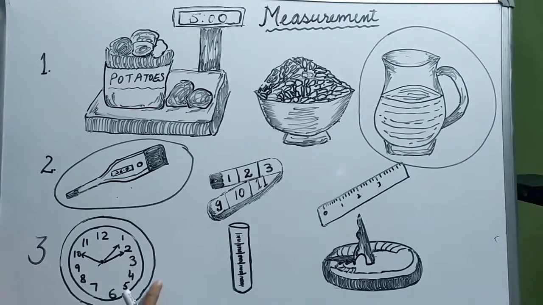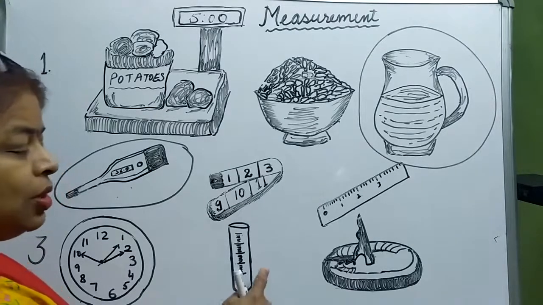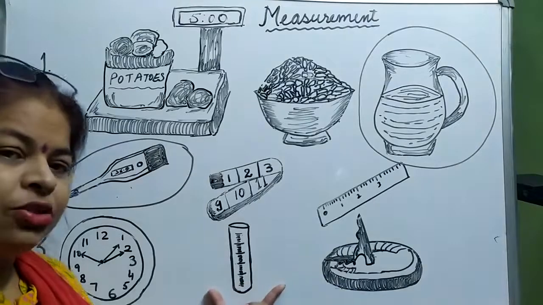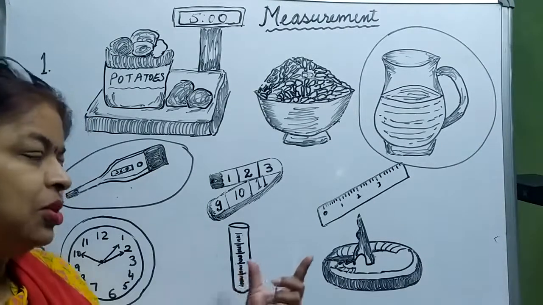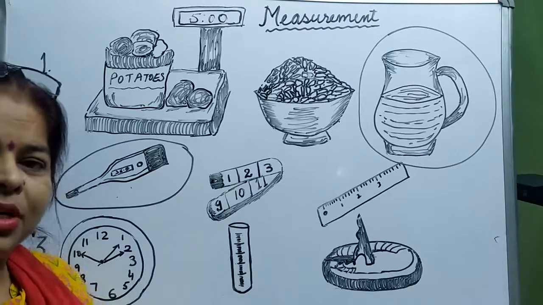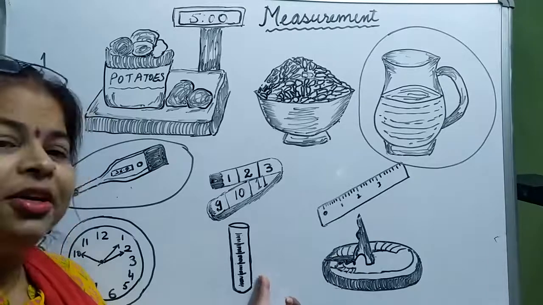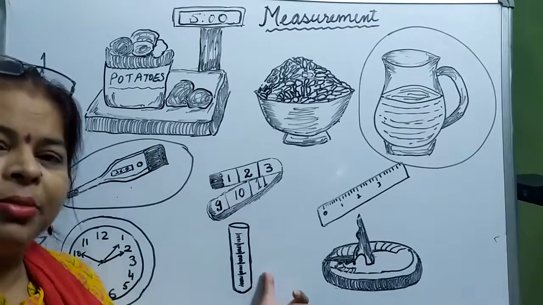So, the clock is used to measure time. What about the test tube? It is used to measure volume. In laboratories, we use the test tube to measure the volume of some chemical substance, how many milliliters of substance are being used for the experiments.